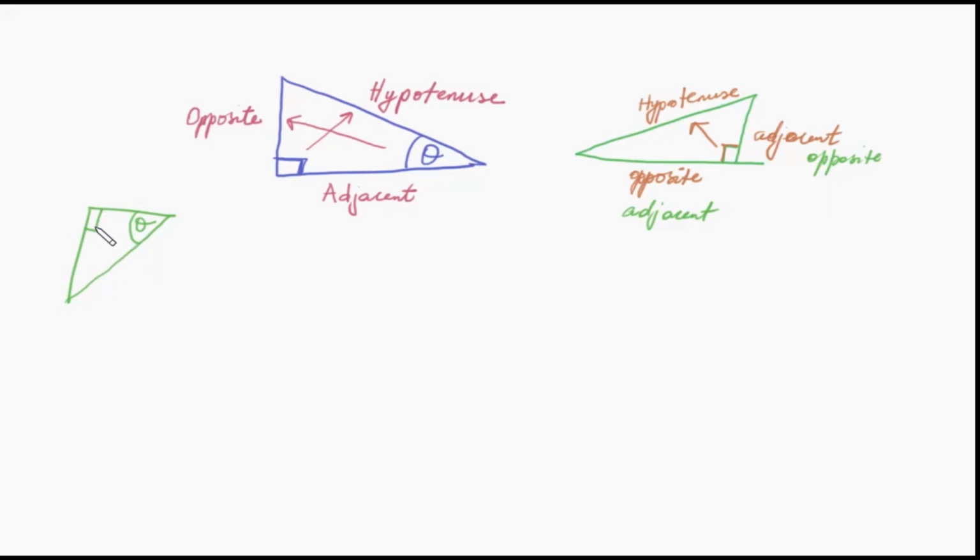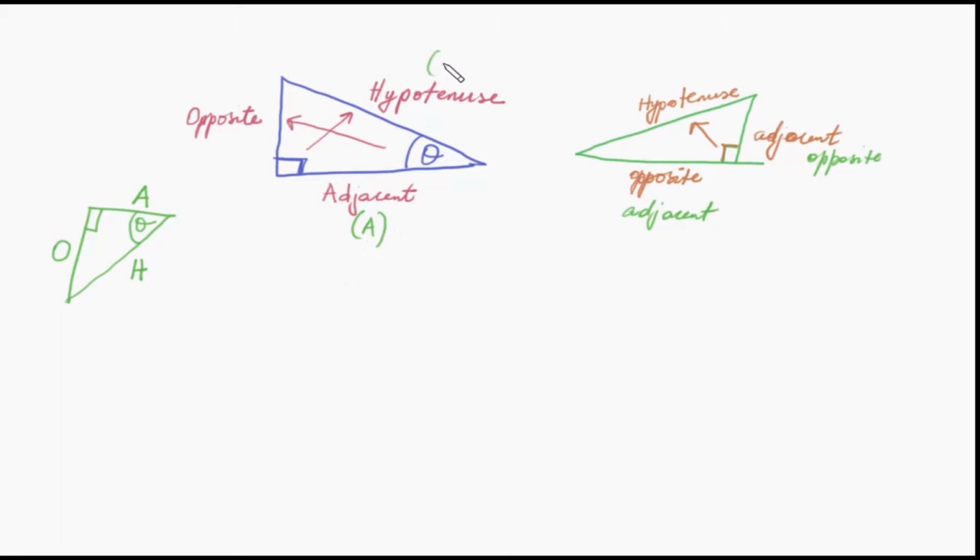This side opposite to 90 degrees is the hypotenuse. So we use capital H as a symbol for hypotenuse. This side opposite to angle theta is the opposite, so we use capital O for opposite. So this side must definitely be adjacent, then we use capital A.